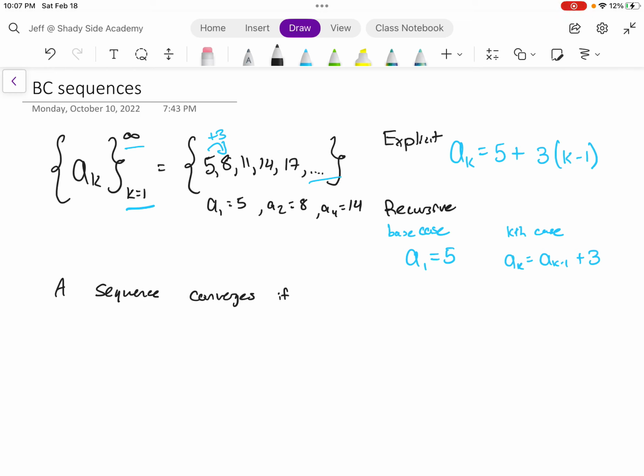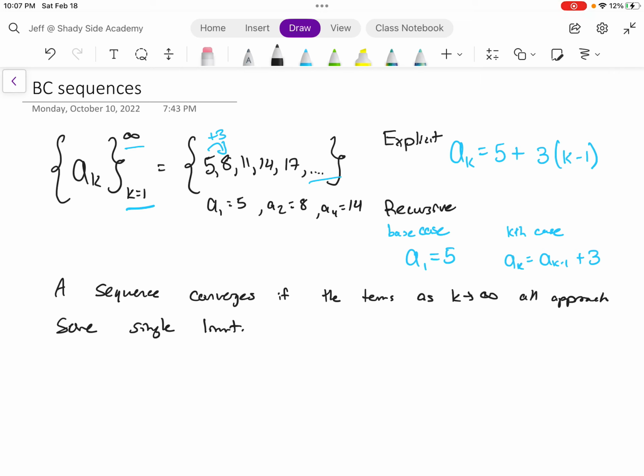A sequence converges if the terms, as k approaches infinity, all approach some single limit. So this one up here would obviously go up to infinity.